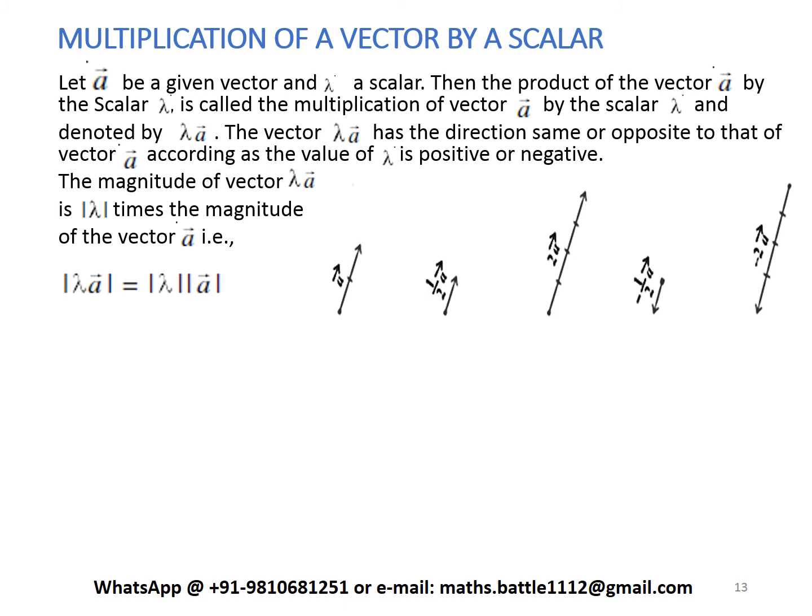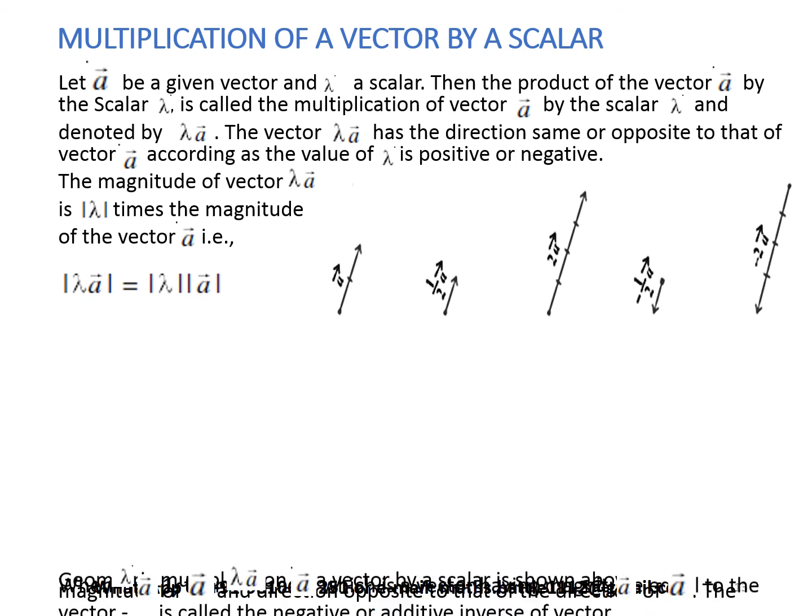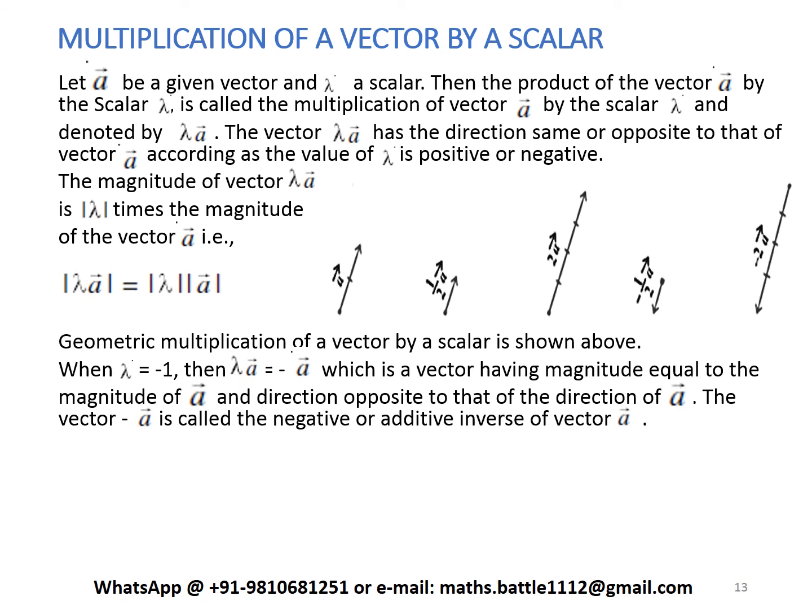The magnitude of vector lambda A is mod of lambda times the magnitude of vector A. Mod of lambda A is equal to mod of lambda into mod of A. Geometric multiplication of a vector by a scalar is shown above.